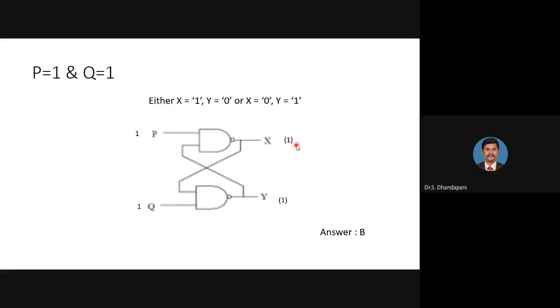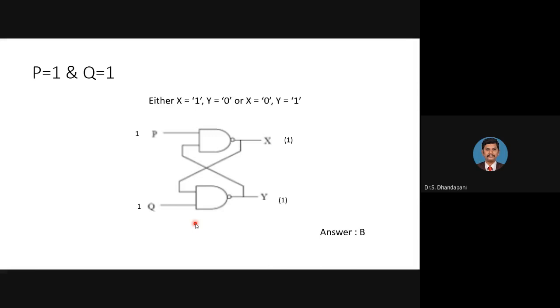Here already I have 1. This one comes here. If this one comes here, with this one, output Y will become 0. If output Y becomes 0, this 0 available here, X will be 1. So both the NAND gates, as per the question, have unequal delays.